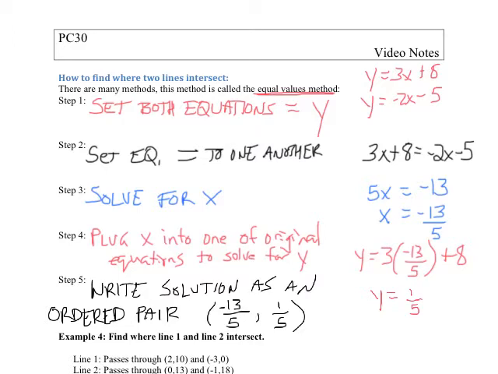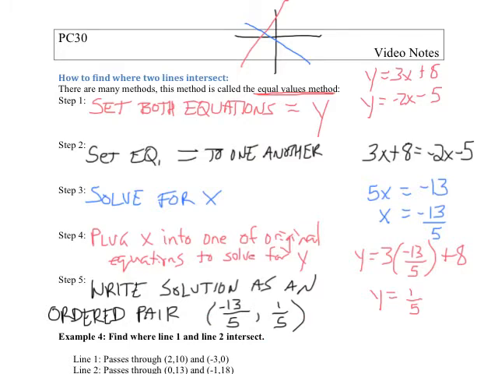And what that means is basically if we were to graph our two lines, 3x plus 8 probably looks something like that. Actually, it's probably steeper. And then the second one, y is negative 2x minus 5. So maybe something like that. I don't know. And the coordinate where they intersect is this coordinate.